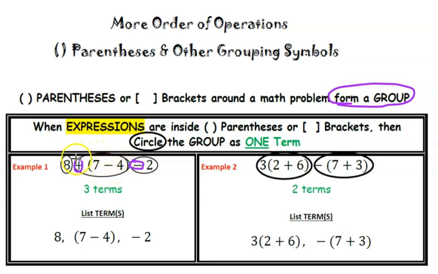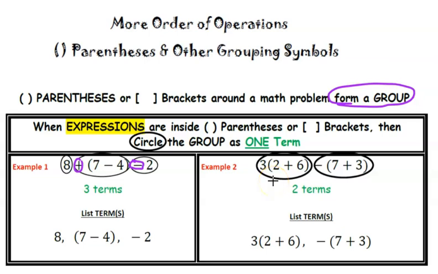So we scoop this up as plus the quantity as one amount. So this math problem gets circled up with the plus sign. All right, so there are 3 terms in this expression, and the 3 terms are 8, 7 minus 4, and minus 2.